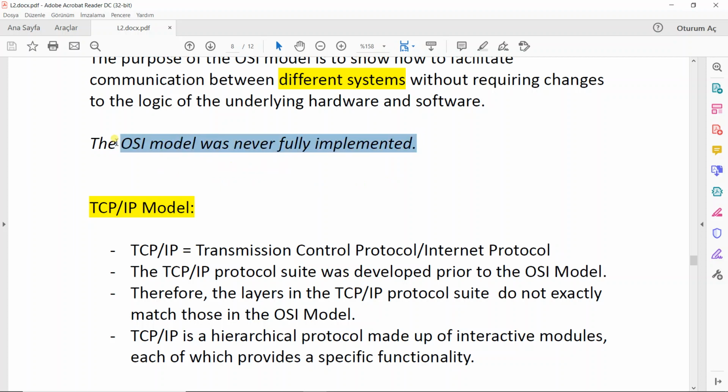So the OSI model was never fully implemented. See this statement? It clearly states that the OSI model, as we study it now, was never fully implemented, which means that sometimes they skip some parts, they merge some parts. For example, they can merge the session with the presentation layer. They can merge the transport with the network.